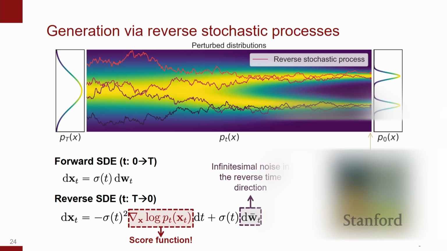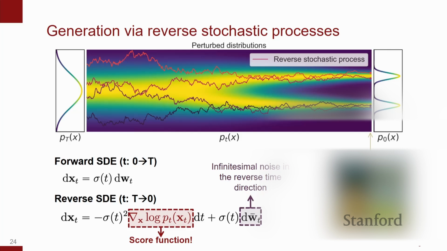So just like in the discrete case, in the VAE case, if you knew the score, then you would get optimal decoders and you would be able to reverse the generation process. In continuous time, if you have all the score functions, you can reverse the generative process and go from pure noise to data. Yeah, so it's closed form up to the score function, which is unknown.